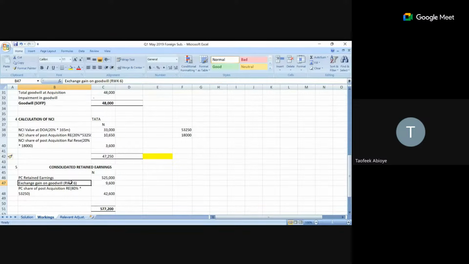So parent will collect 80% of 96. Subsidiary, which is NCI, will collect 20% of 96. They will now put it here. So that is just it. Both of them will share it if it is at fair value method. So that is how it is going to be impacted. They will share it between the two. But in this question, it belongs to only the parent company. So that is why we took that 96 here straight away.